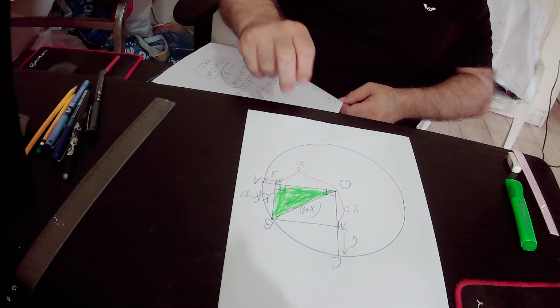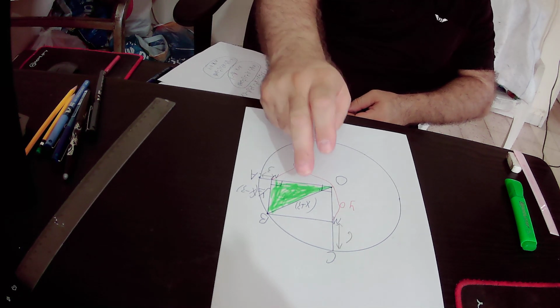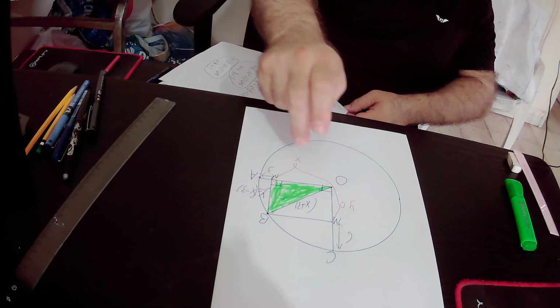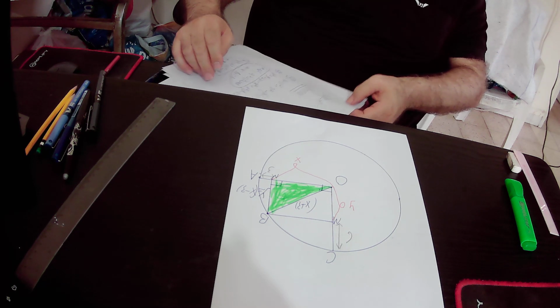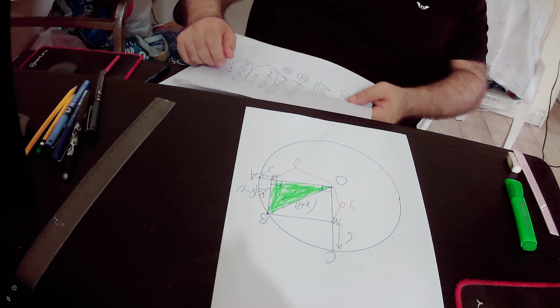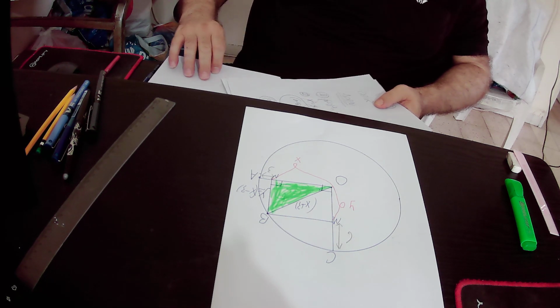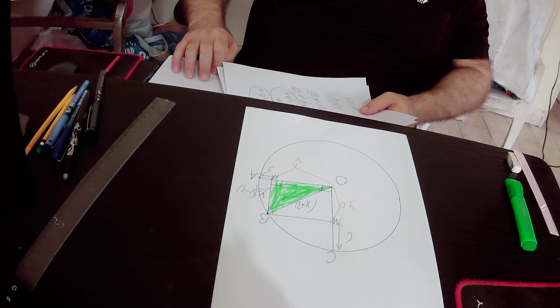so in the green right triangle we know that the hypotenuse equals x plus 3, this side equals x and this side equals x minus 3. So we can use the Pythagorean theorem in order to find out the value of x. According to the Pythagorean theorem, the square of the hypotenuse equals the sum of the squares of the perpendiculars.